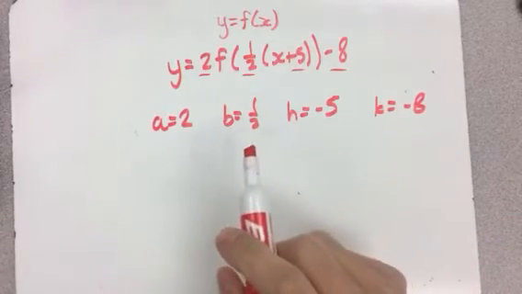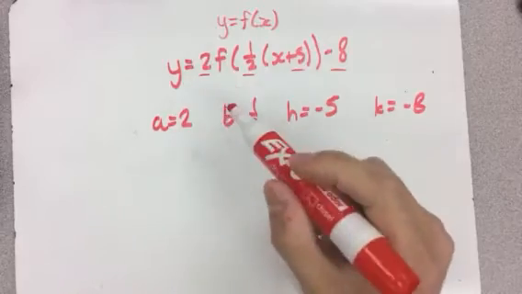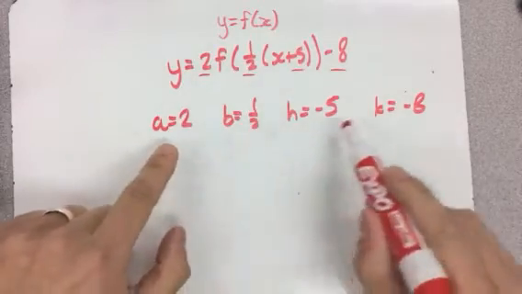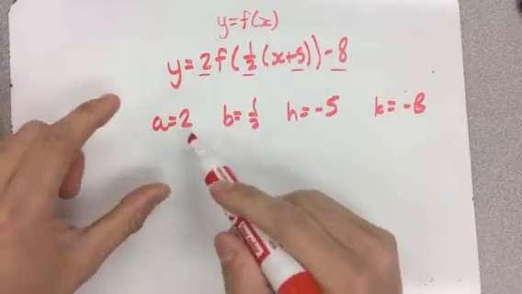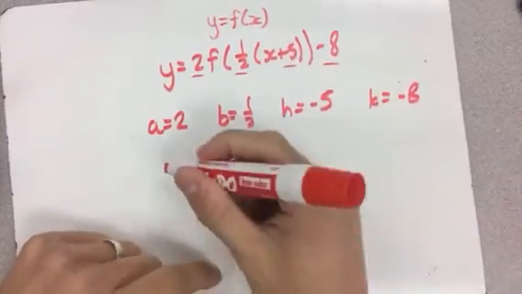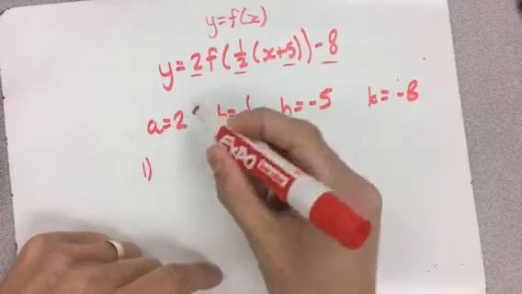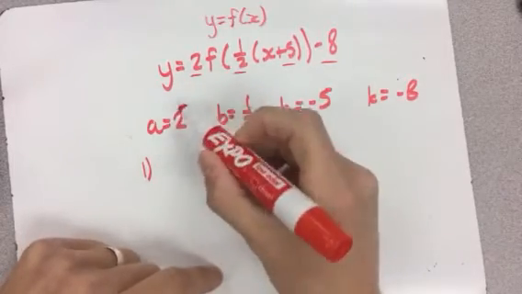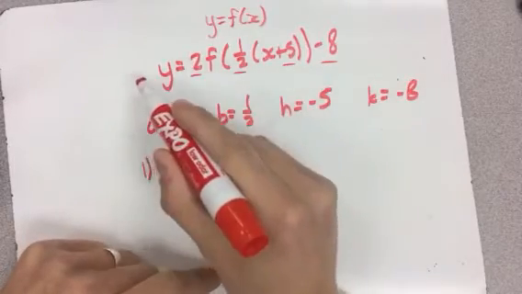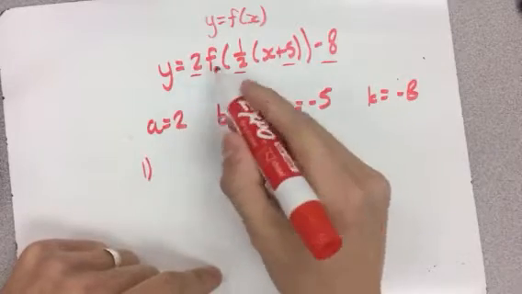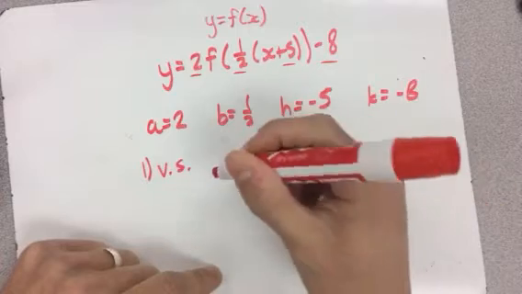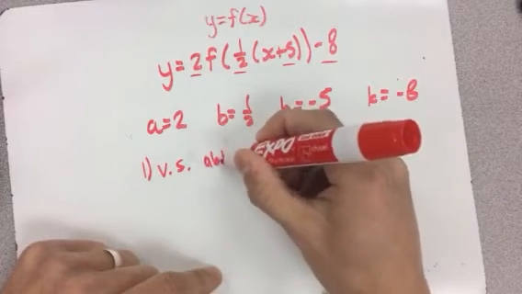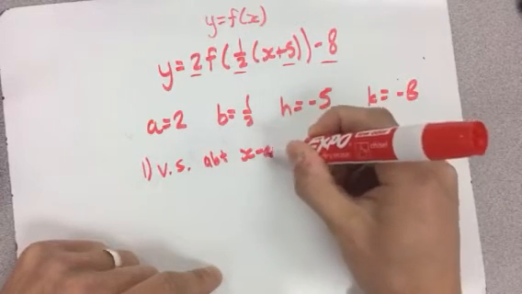So what we want to now do is write the transformations associated with these parameters. So the way that we've changed our function by changing the parameters of a, b, h, and k. The first thing we would have to do, number 1, is this a. The a value is a vertical stretch about the x-axis by a factor of 2. I'm just going to use initials here.